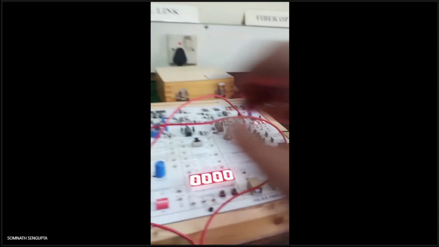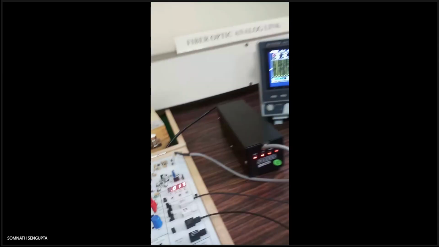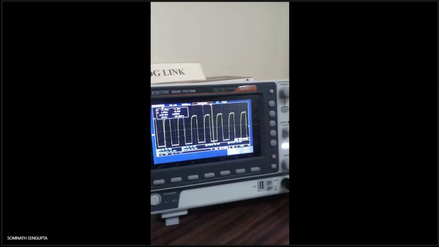So that square wave, you can see, is the direct input signal.